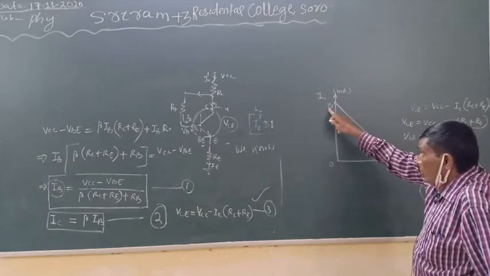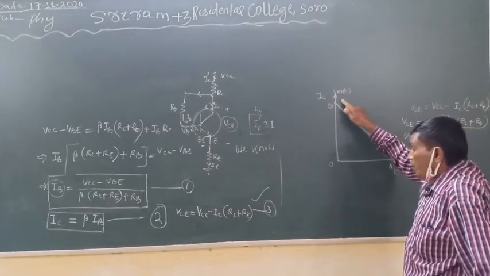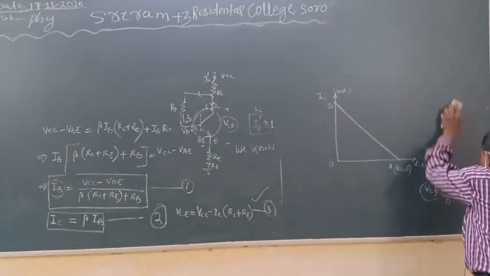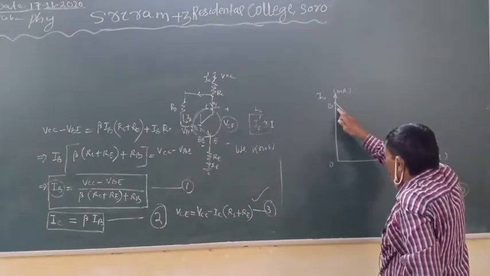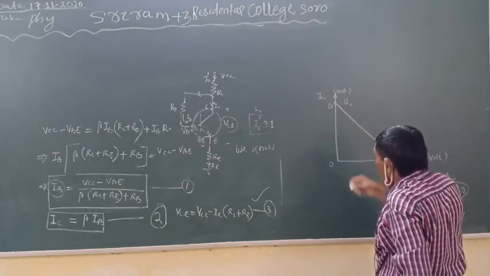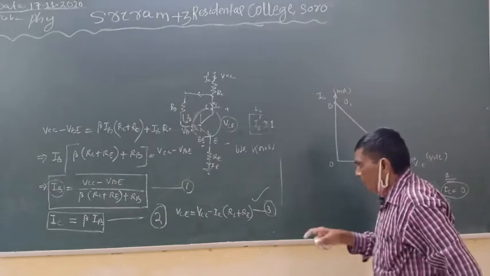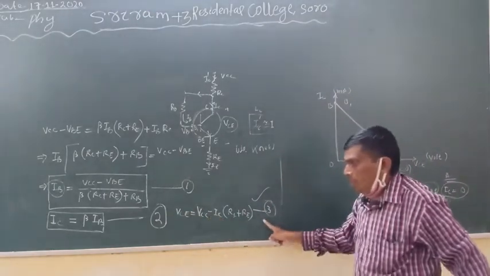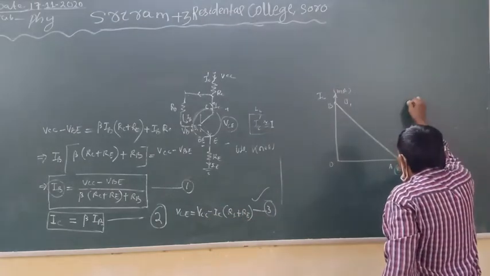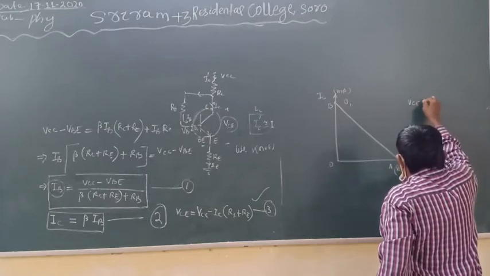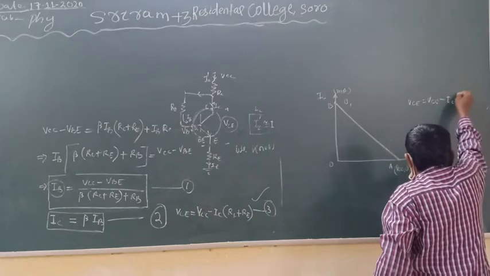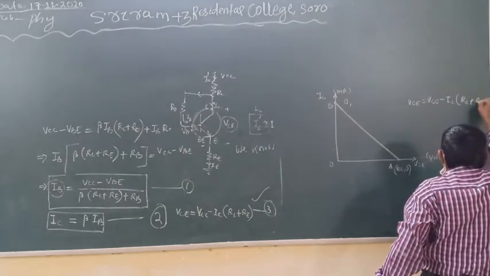Now we calculate the geometrical point B. At that point the voltage VCE must be 0, and putting this value of VCE in equation number 3 we get IC. From equation number 3, VCE equal to VCC minus IC into RC plus RE.